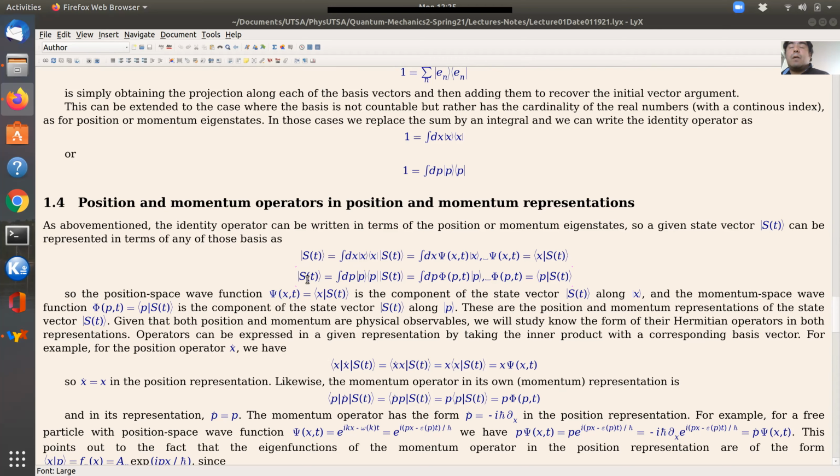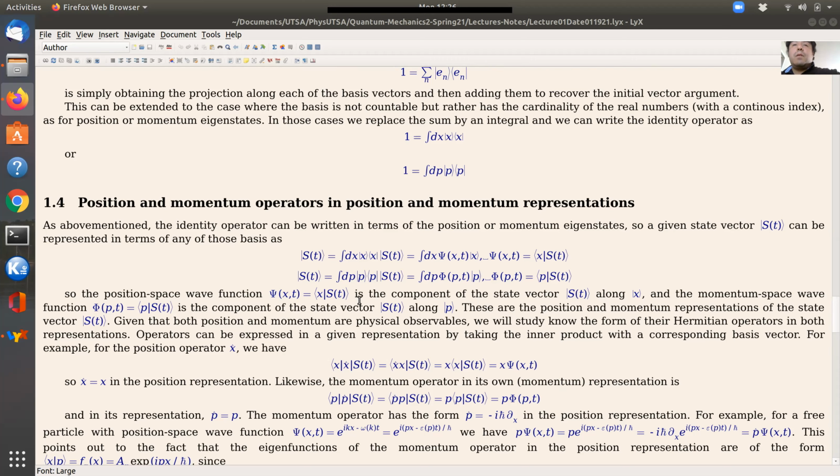And the same calculation can be performed in the momentum representation, where you have the identity operator in terms of momentum eigenfunctions. You will project, you will expand. This sum is performed over the continuous index. That's why you need an integral and then dp. And then phi of p and time is the inner product between p and s.